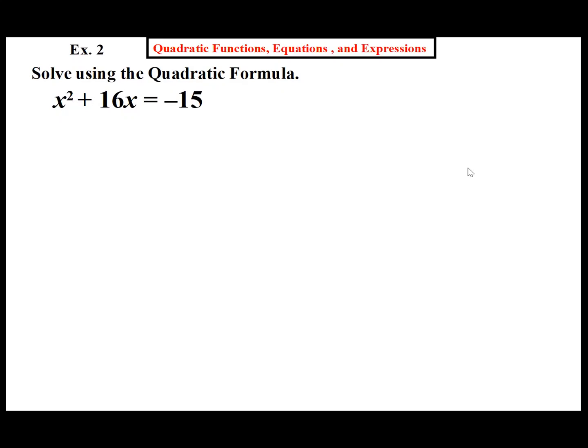And I gave you 3 different steps. First step was to set it in standard form, which means bring the negative 15 to the left side. From there, identify a, b, and c. Once it was in standard form, it was easy to identify those. And number 3, we substitute that into the quadratic formula, simplify and solve. Okay, so we're good with that, right?